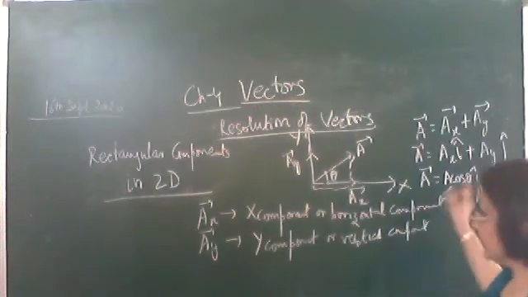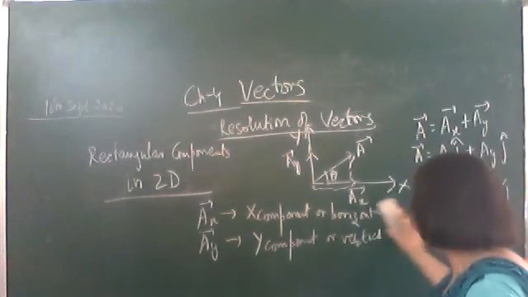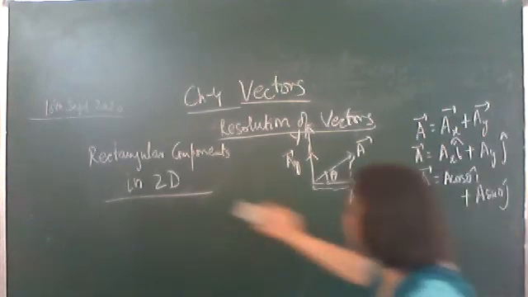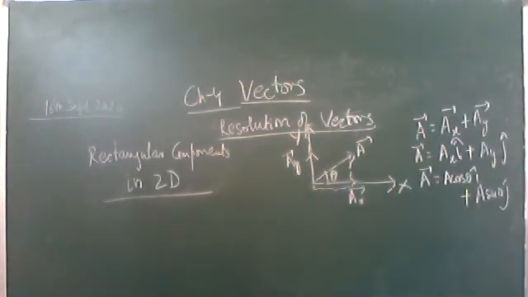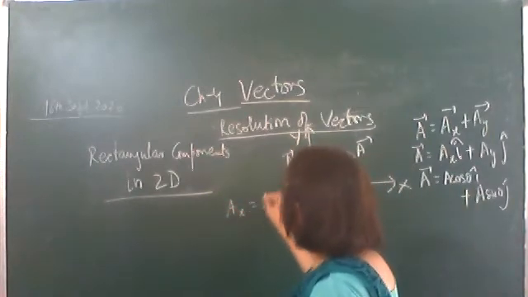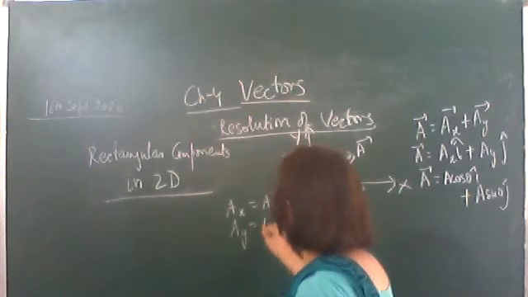Is it clear? So Ax is A cos theta and Ay is equal to A sin theta.